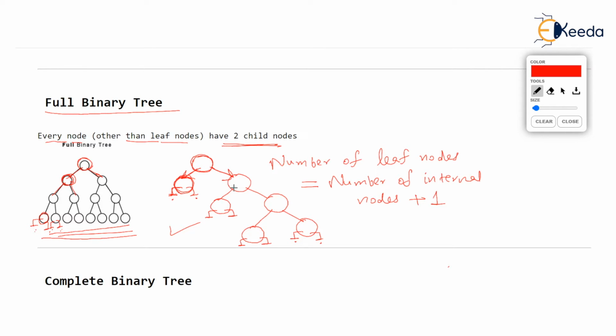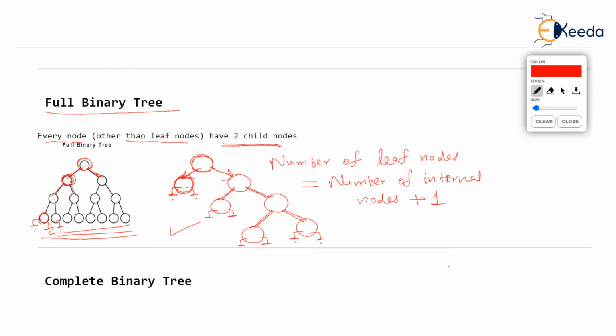So if you observe in this tree, a node either has two children or zero children. Any such tree is known as a full binary tree. So this is also a full binary tree because a node has two children or zero children. So simple. Now one more tally, one more equation. Number of leaf nodes in a full binary tree is always equal to number of internal nodes plus 1.